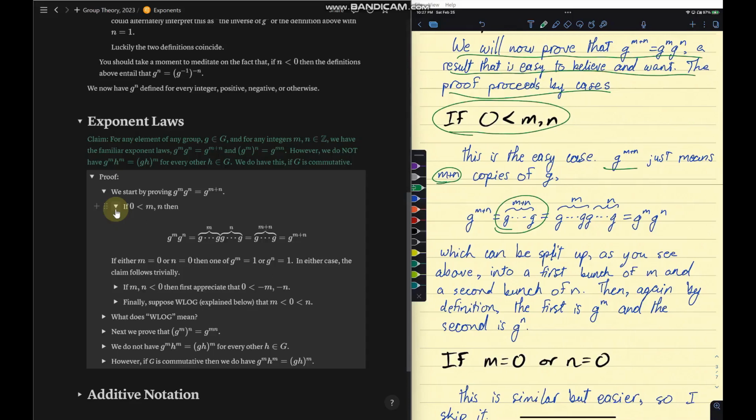Now we can simply count it differently. We can count up the first m, followed by counting up the next n, and then that first group of m we wrap into a single expression of g to the m, and likewise for g to the n, and that's that.